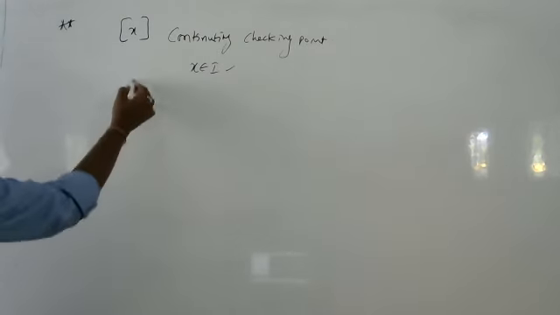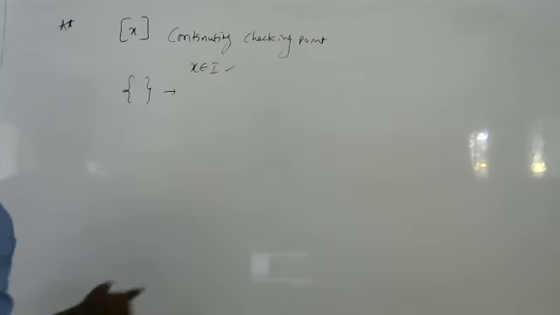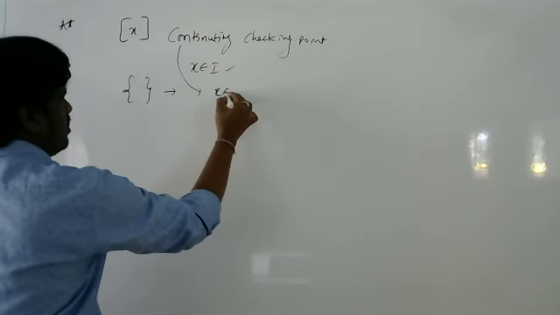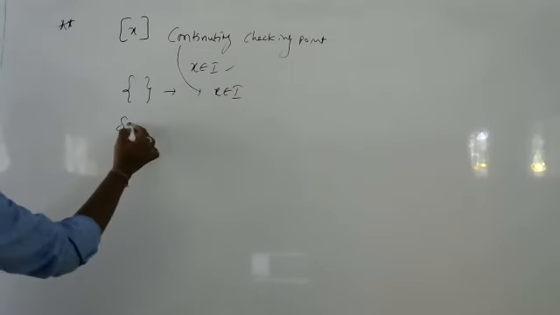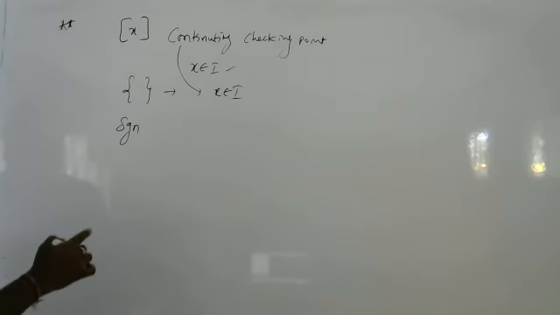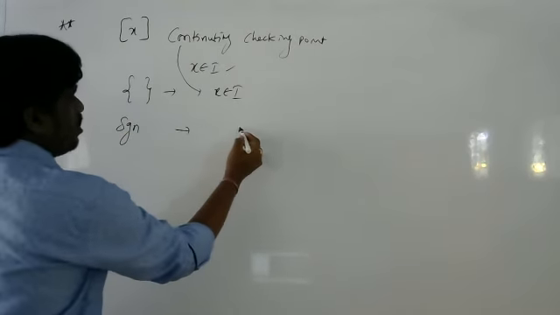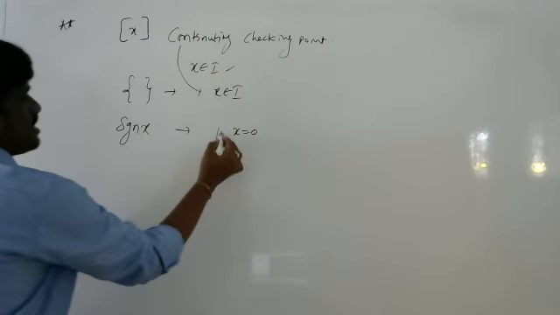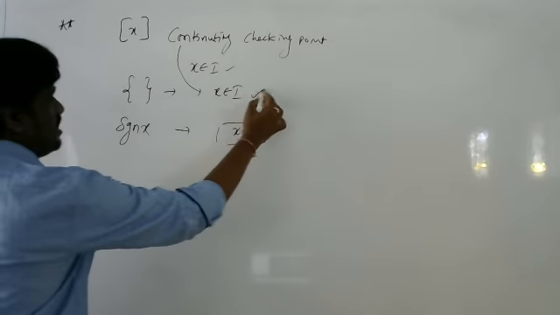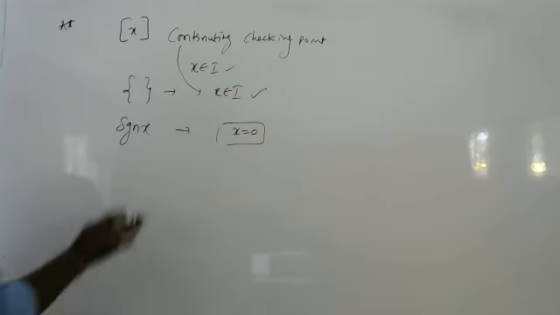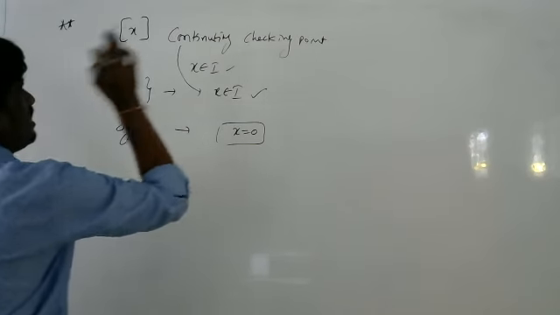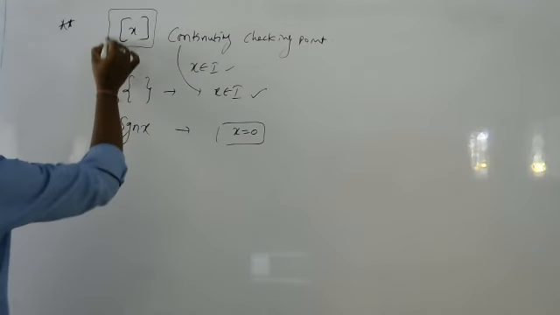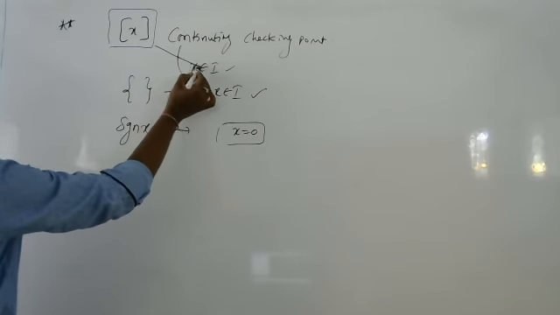For the fractional part of x, we will check continuity at integer points. For the signum function, we will check continuity at x equal to 0. So whenever the greatest integer function is given in the question, we check continuity at integer points.